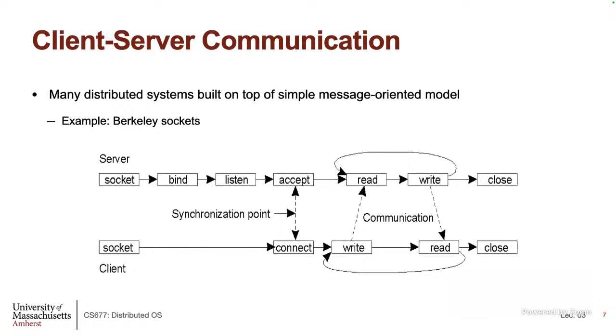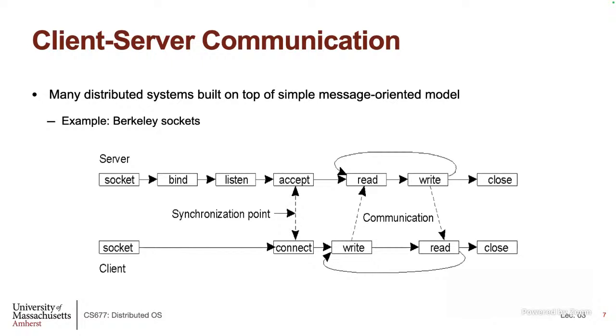All the calls that I mentioned on the previous slide are here. The server has to first call the socket call to establish a socket. This is basically creating a new socket. Then it's going to bind that socket, which means connecting it to an address.